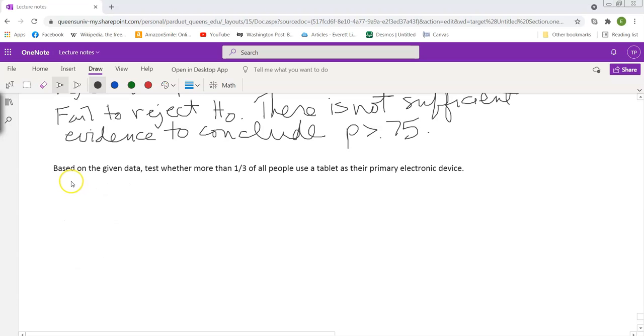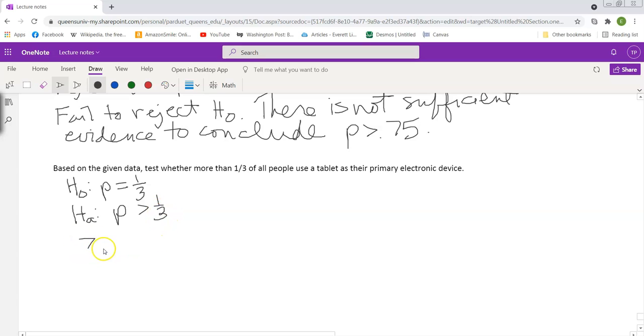So setting up our hypotheses, we've got the null is that p equals 1/3. And we're going to leave that as 1/3. Please don't round that to just 0.33 because that's not the same as 1/3. And our alternative hypothesis is that p is more than 1/3.